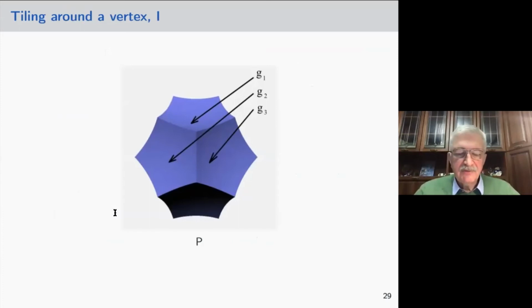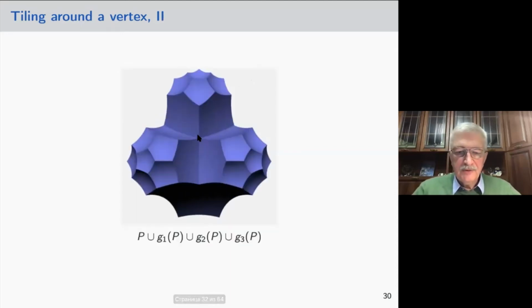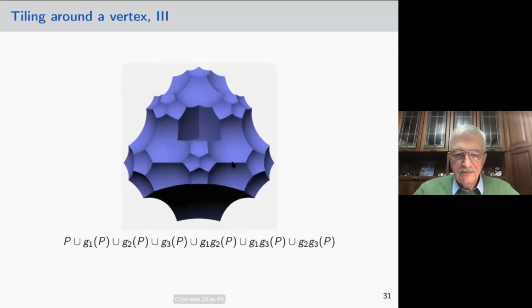So I just give you some pictures. If you start, for example, with the dodecahedron and consider 3 generators G1, G2, G3, the reflections in faces incident to vertex V, we can glue images of our dodecahedron on the stabilizer of the vertex. On the first step, we glue 3 new polyhedra around this vertex. So this is a union of 4 copies. After that, we can add 3 more. So this is a union of 7 copies.